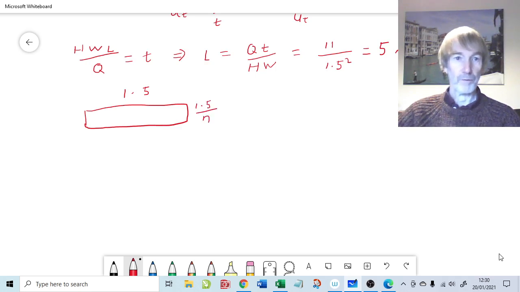Now we're going to want what's called the hydraulic diameter, which is always equal to 4 times the area open to flow divided by the wetted perimeter, only it's a gas, so we will just use the perimeter.